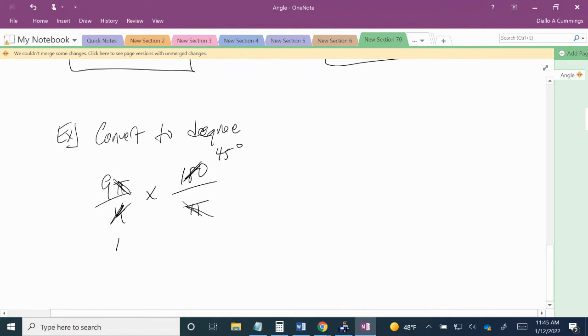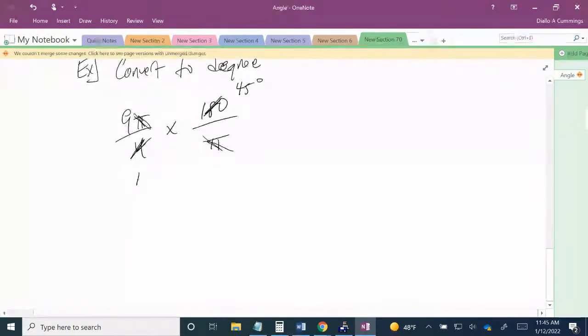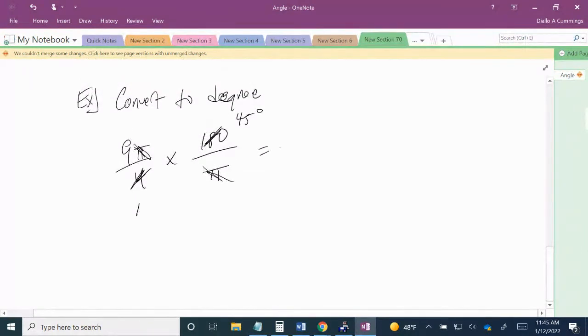And next I can multiply 9 times 45, which would give us 405 degrees. So 9 pi over 4 radians is equal to 405 degrees.